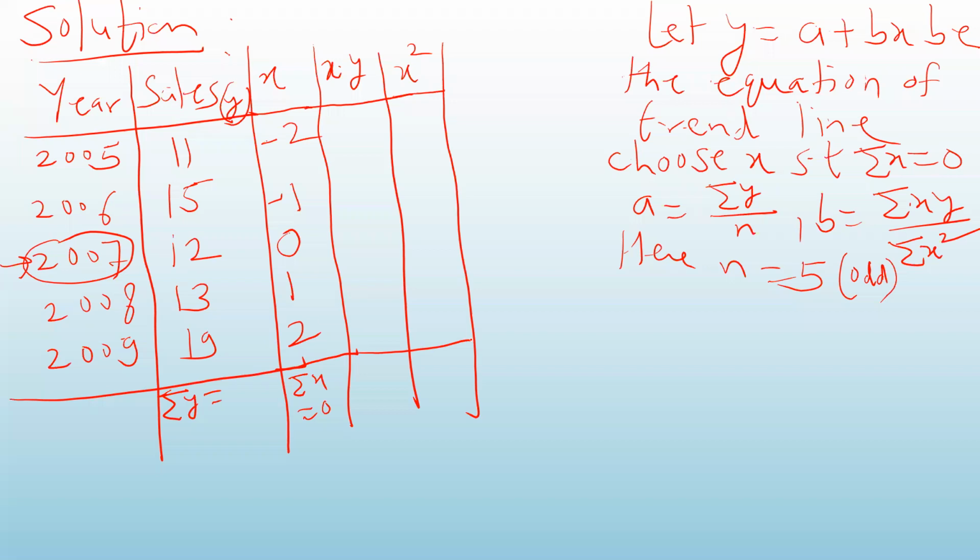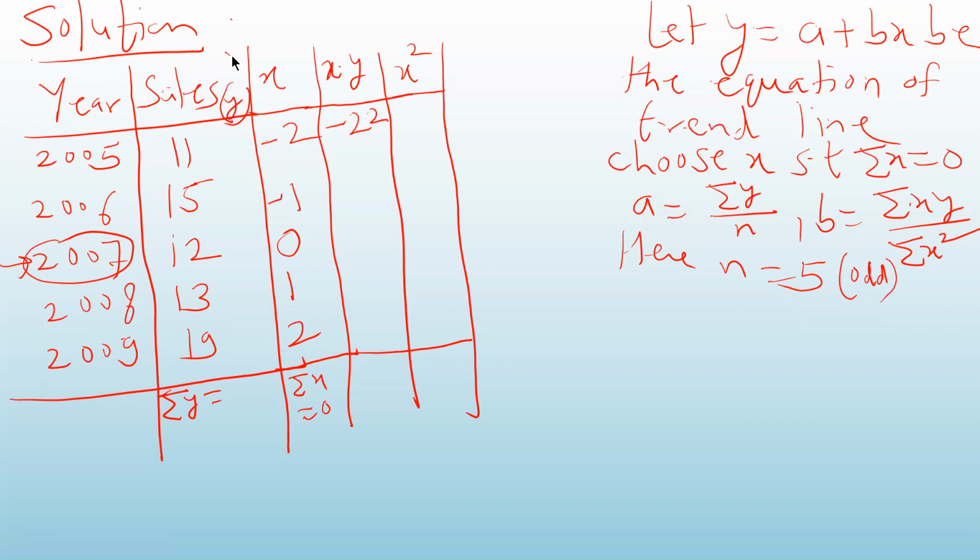Now look here, X into Y. This is the column for X and this is the column for Y. Multiply these two figures. So -2 into 11 will give you -22.